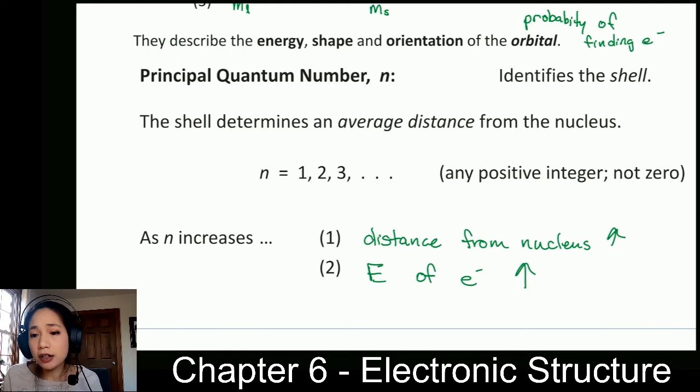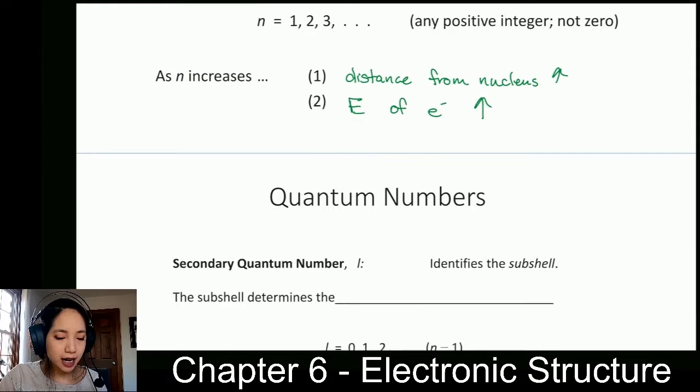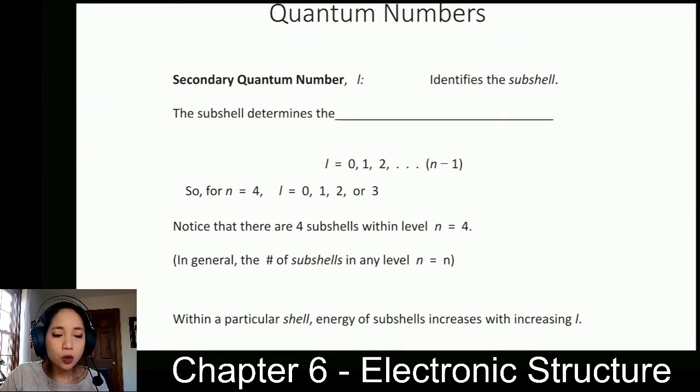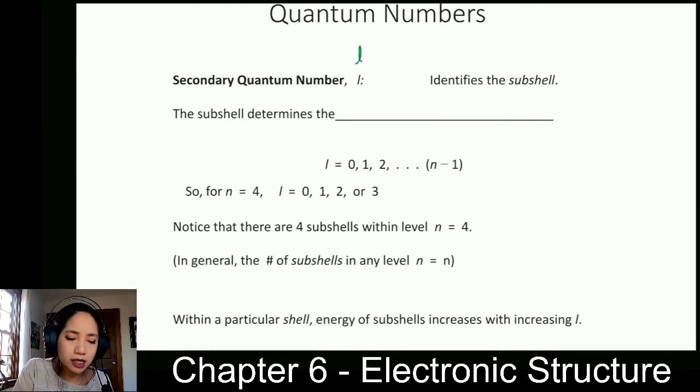So again, you can kind of think of rungs on a ladder. As you increase your n value, you're going up your ladder. And so the higher off the ground you are, you're increasing your distance from the ground, but you're also increasing your overall energy. Okay, so let's look at the next quantum number. So our next quantum number is L, or sometimes I stylize it like a cursive L just so you can see it better when I write it. And so this is our secondary quantum number.